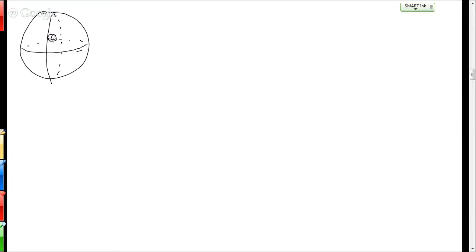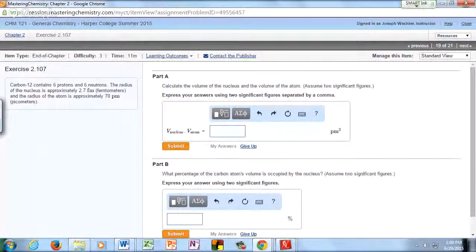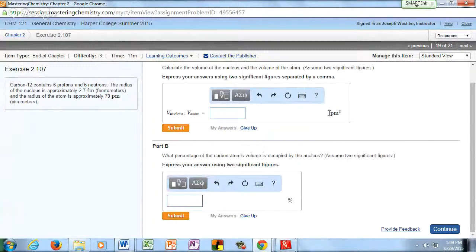Okay. Now the radius of the nucleus, and we want our answer to be in cubic picometers.